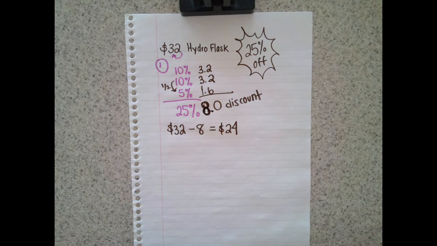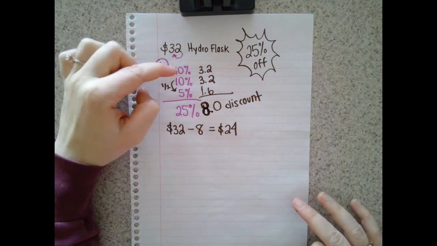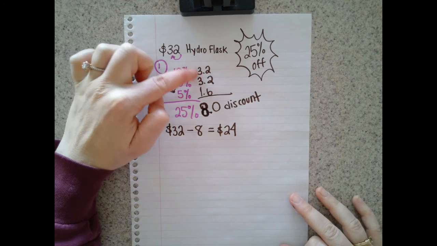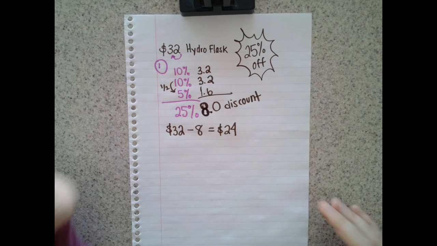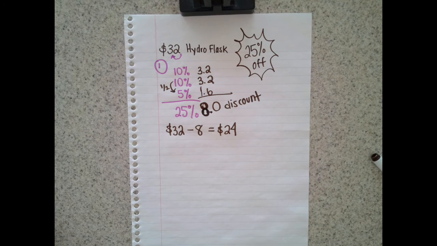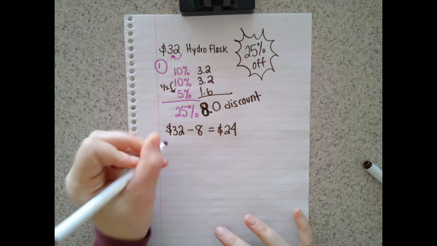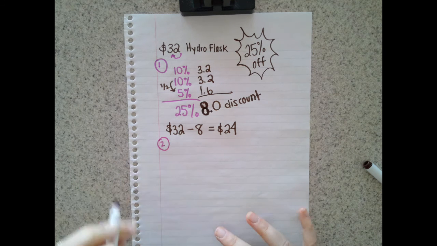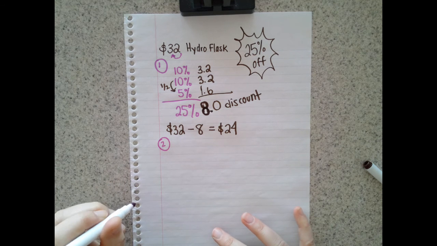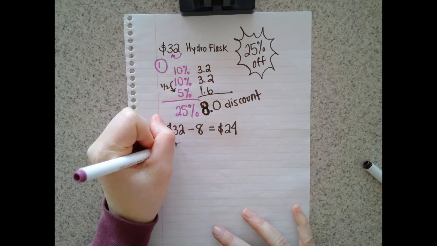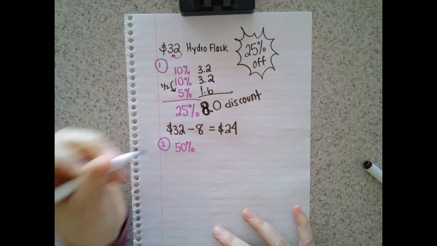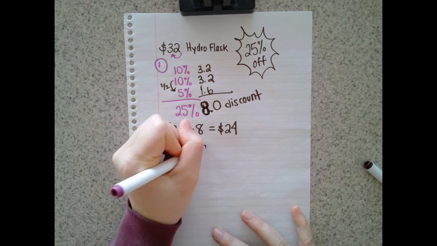So that's one of the ways you can deal with 25% is to break it into these easier pieces. Particularly 10% is one of the quickest tricks. Okay, here's another way to deal with that. Option number 2. 50% is easy to find because you just cut the price in half.